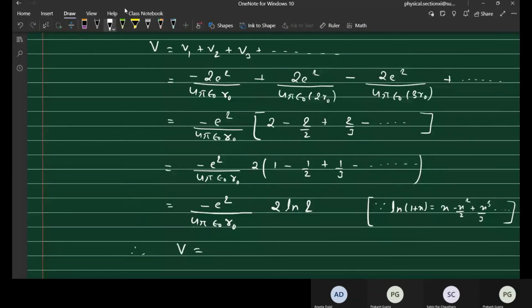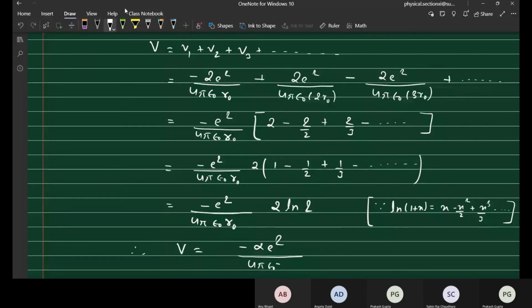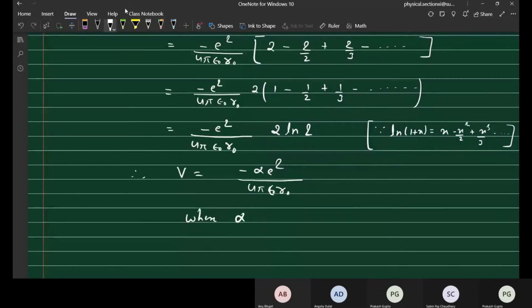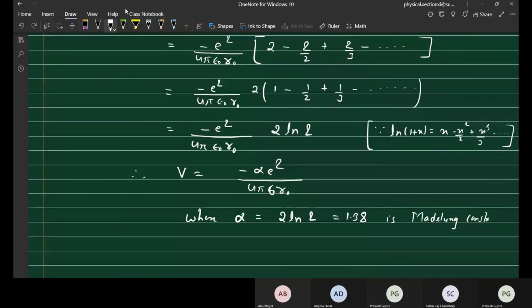Therefore, finally we get V is equal to minus alpha e square by 4 pi epsilon naught r naught, where alpha is equal to 2 ln 2, 2 natural log 2, whose value is 1.38. This is Madelung constant.